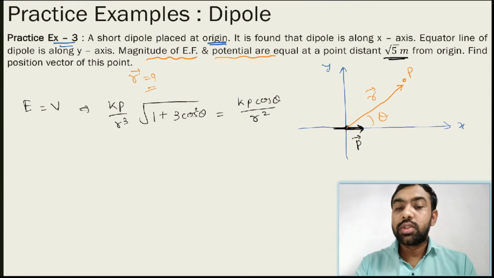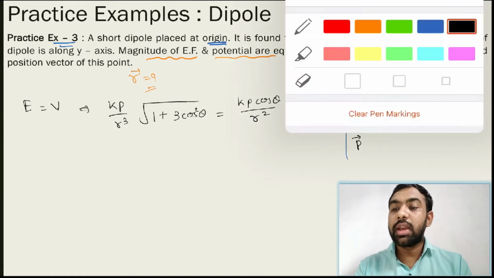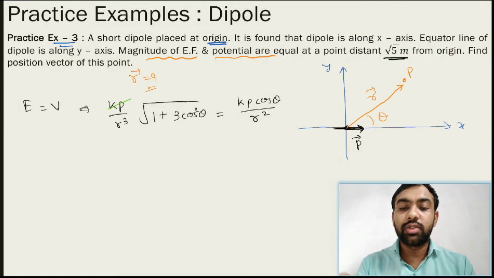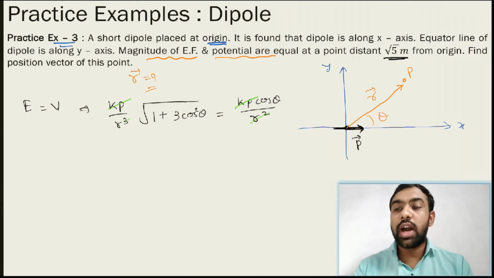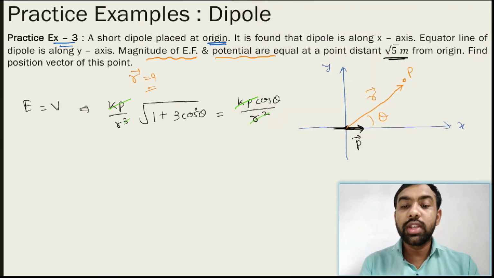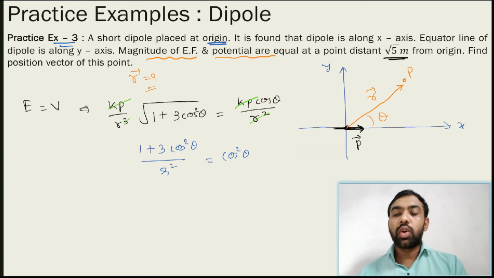Kp cancels out, and R square and R square cancel, so R is remaining. Take the square of this one: 1 plus 3 cos square theta upon R square is equal to cos square theta.